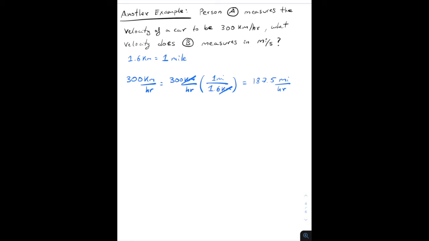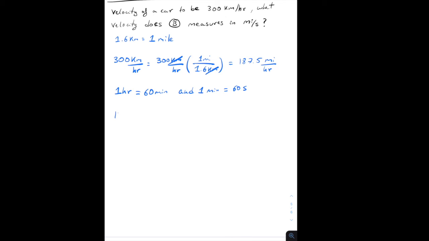Now, if we look back at what the problem is asking us, it's saying what velocity do we measure in miles per second. So this means that our denominator is wrong. We have to change from hours to seconds, so we're missing a conversion here. What is the conversion? We know that 1 hour is equal to 60 minutes, and 1 minute is equal to 60 seconds, or I'm just going to write S for short.